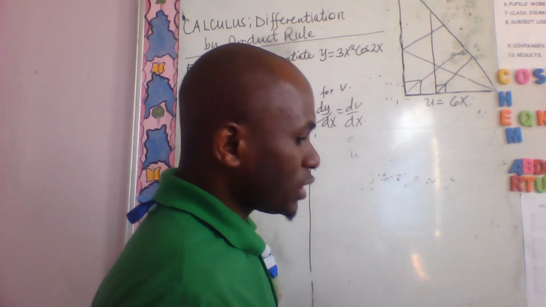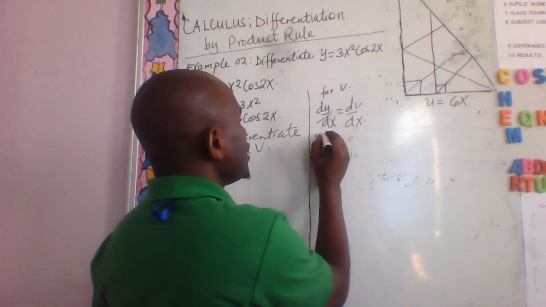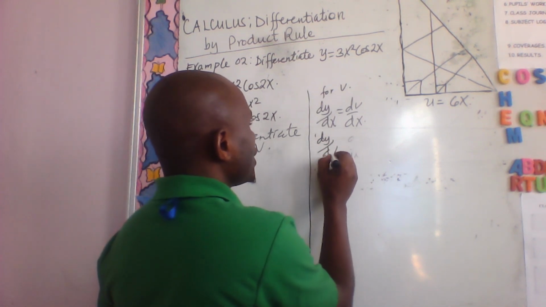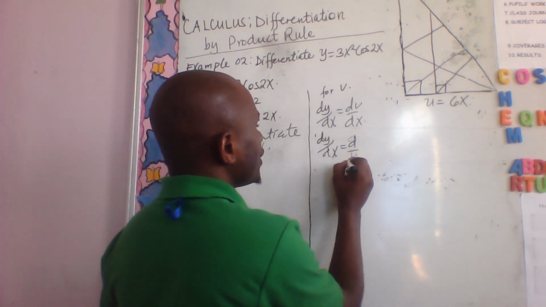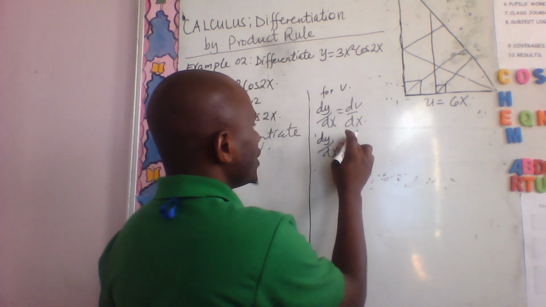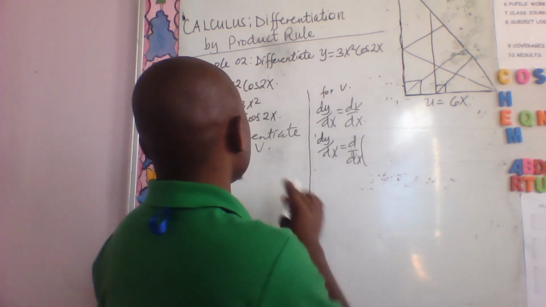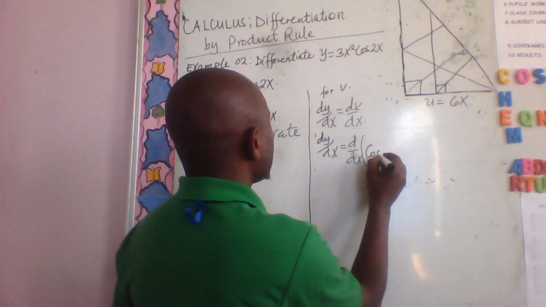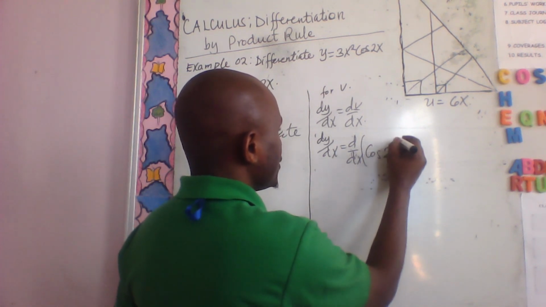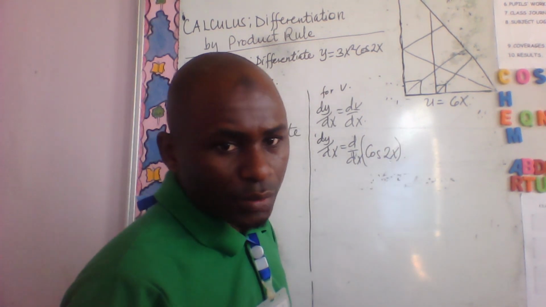If we do that, let us see how it is. So dy over dx is equal to d over dx. Here we need to substitute the value of u, which was left. So the value of u here is cos 2x. That's the value which you are supposed to substitute there.